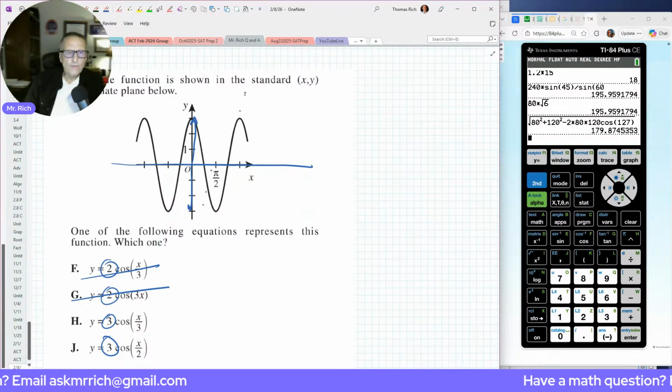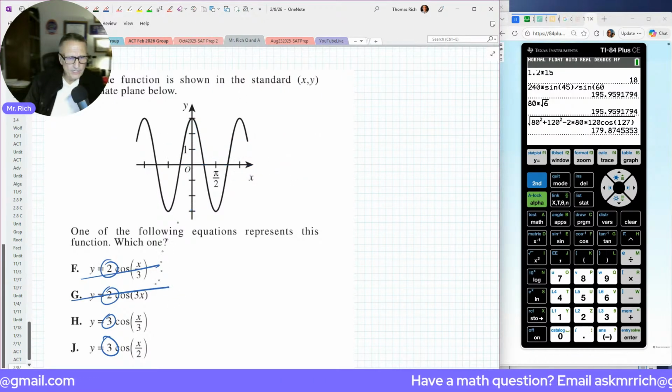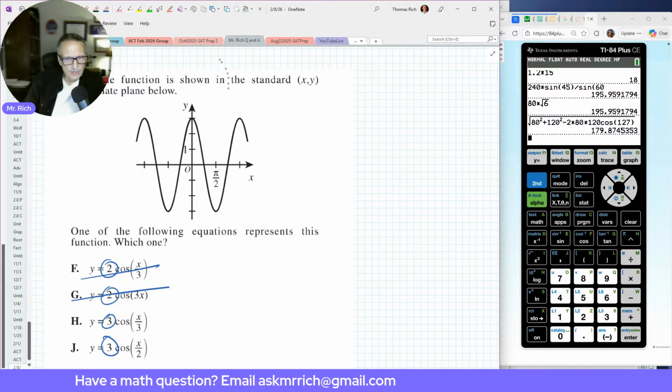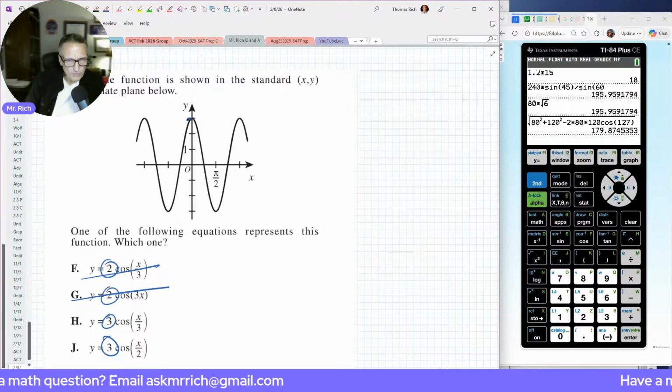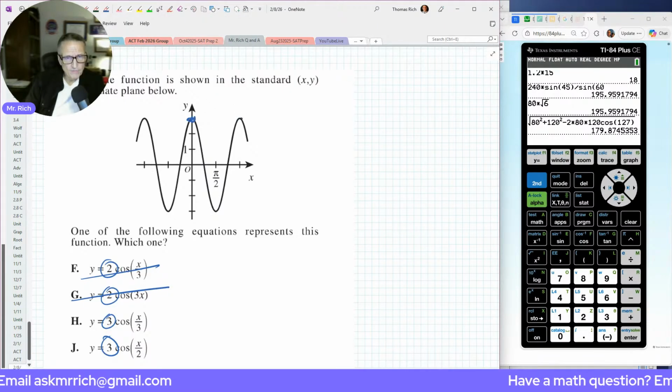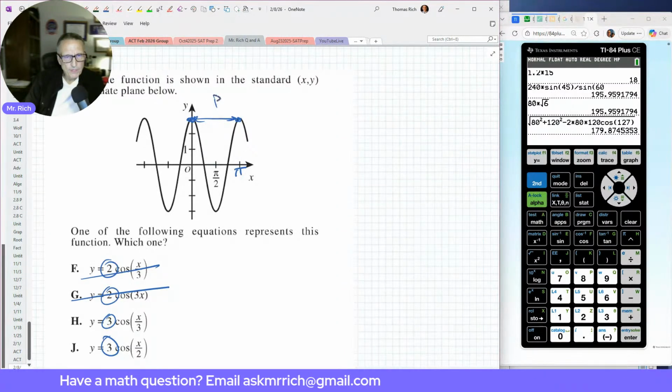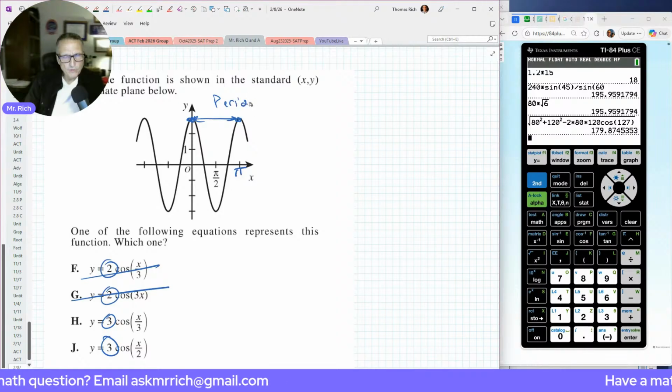Now, the other thing that we need to know is how to find the coefficient that you would put in front of the x. If you take a look at this right here, the period of a cosine function goes from peak to peak. And if that's pi over 2, that's pi. So I know that the period of this function that they're showing me on the graph is pi radians.